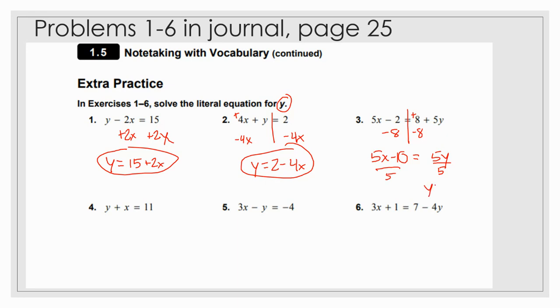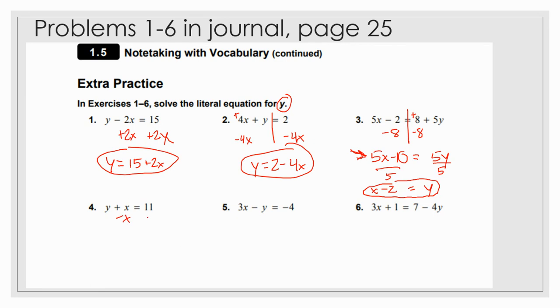So I get y is equal to, now I could simplify this. If you left your answer as 5x minus 10 over 5, if I was grading it on a test, I'd probably take off half a point for simplifying. Notice both of these can be divided by 5, so we could get x minus 2 here as our answer. But if you stopped one step early, that's fine. Okay, next one, problem 4, solve for y.